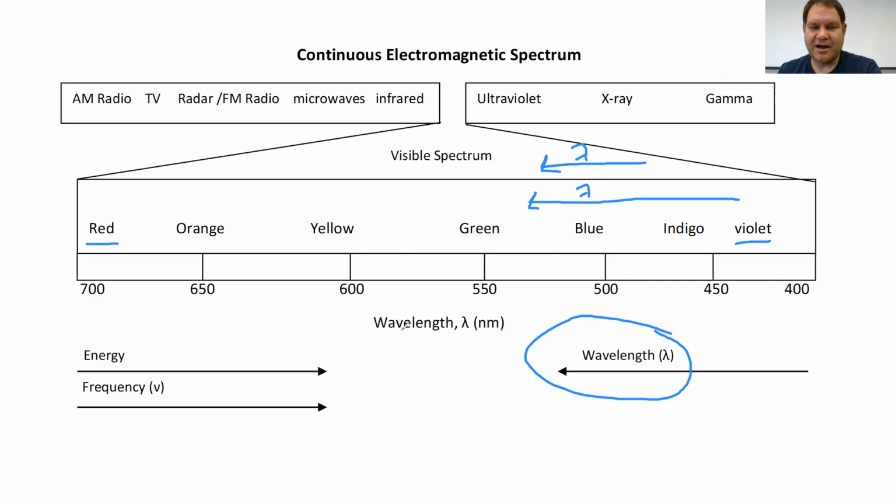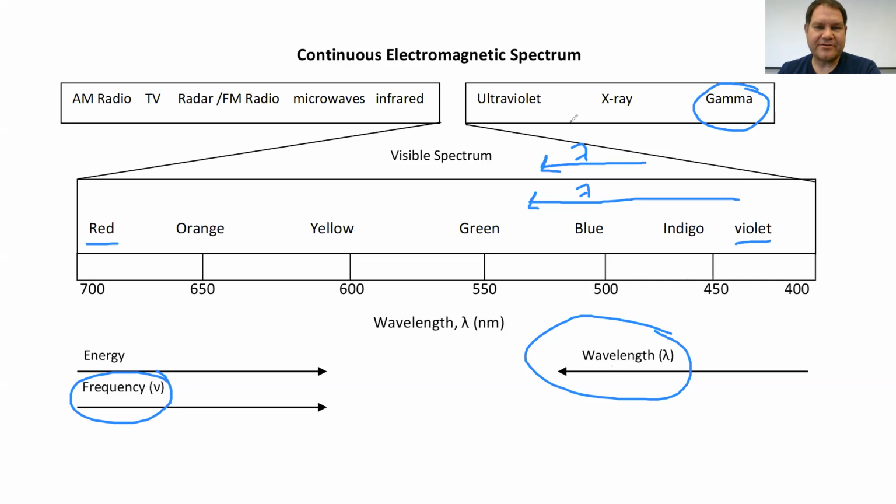So in reality, you could say that wavelength is increasing in this direction in the visible spectrum. Frequency is going to go in the opposite direction. The frequency actually increases in the reverse direction, okay? So we get what we call an inverse proportional relationship between frequency and wavelength. In other words, gamma has the smallest wavelength, but the highest frequency.